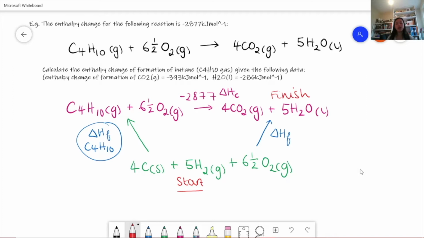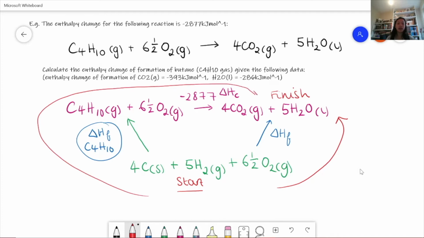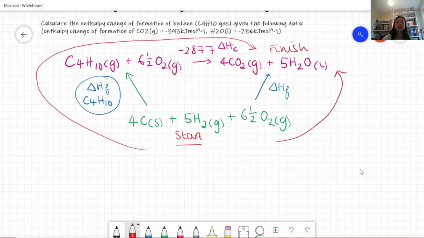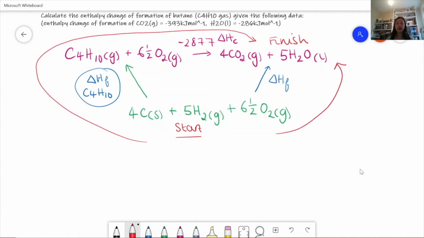So we know that we can go from this to this, and we already know this. We can work out this value from the given values, and then if we go this way round, we get an enthalpy change. But if we go this long way round here, then we should get the same enthalpy change. So that's the idea on how to work it out.